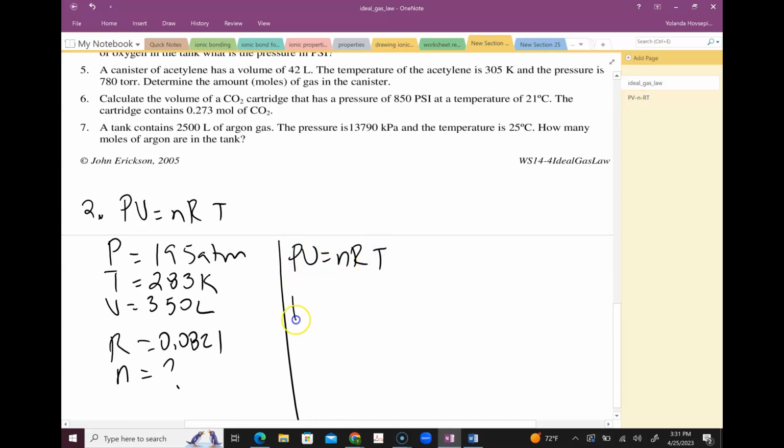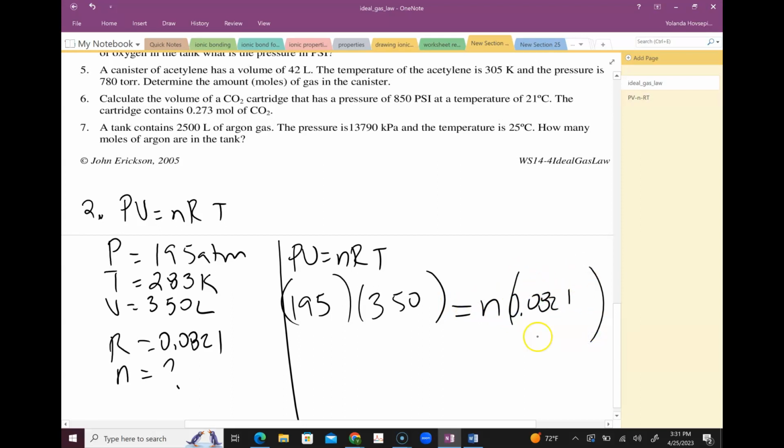Same way as before. 195 times 350 is equal to N times R, 0.0821, times 283. So you do the math, and in this case, it's going to be 195 times 350, that's separate.